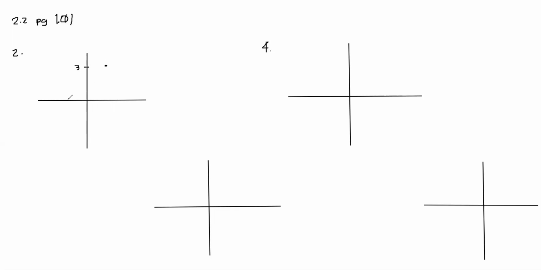This is -1. So I'm going to look to draw something that maybe looks a little bit like this. Sorry, it's a little bit wonky, but you kind of get the idea. And then for number 4, I'm going to draw something that, if this is -1, it's going to cross.